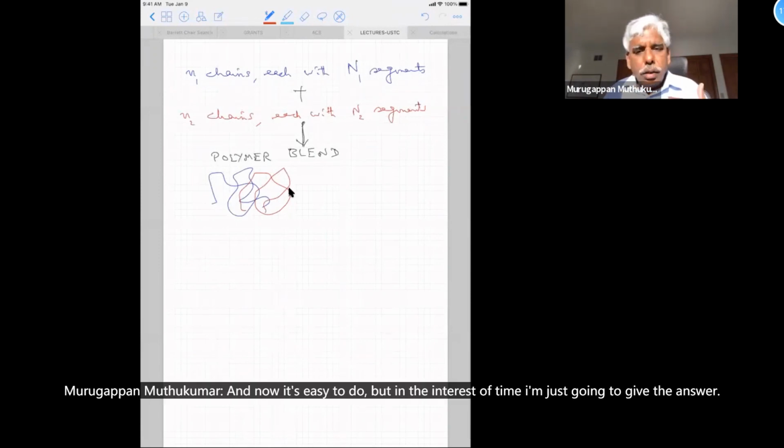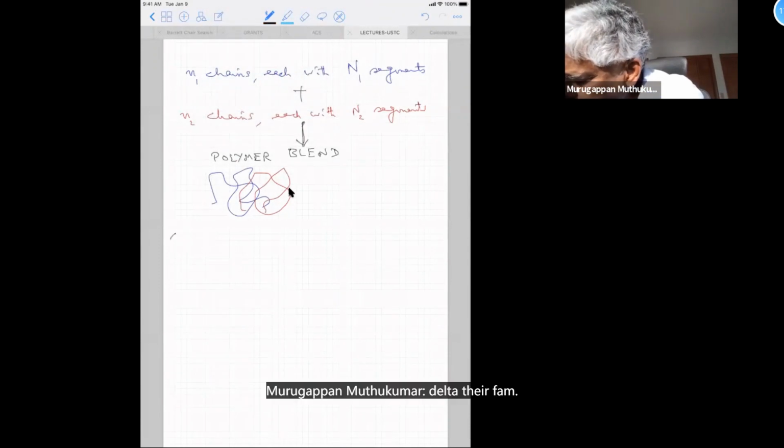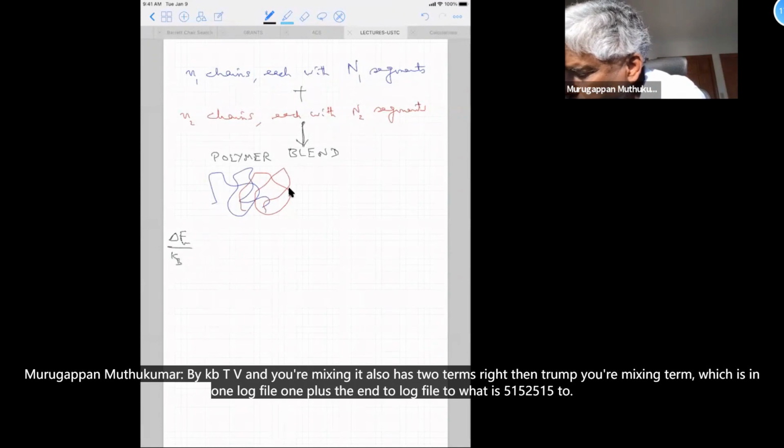Now it's easy to do, but in the interest of time, I'm just going to give the answer. Okay, the answer is the following. Delta Fm by kBT, free energy of mixing, also has two terms.